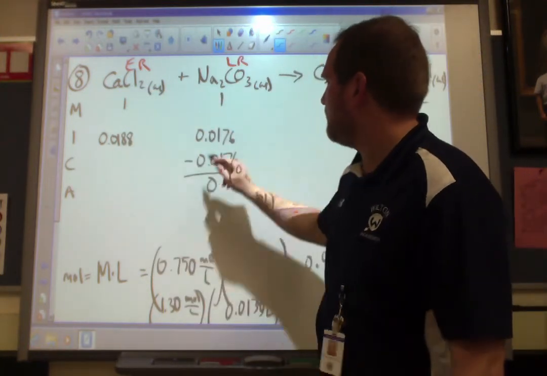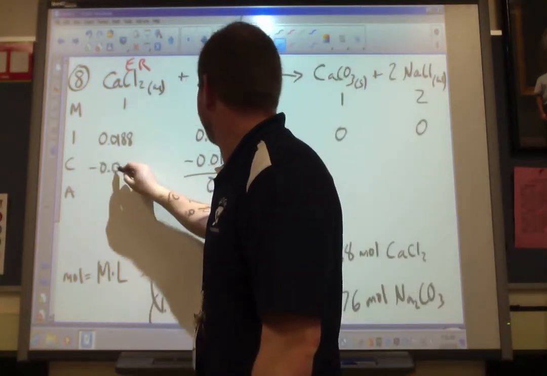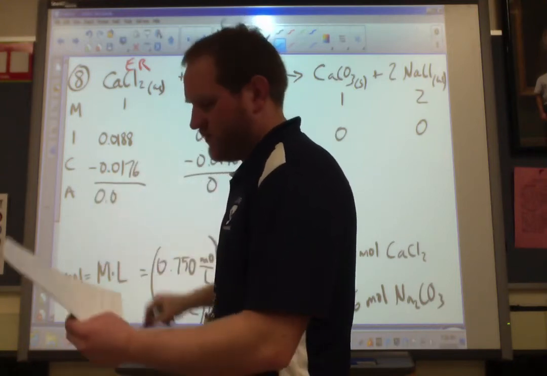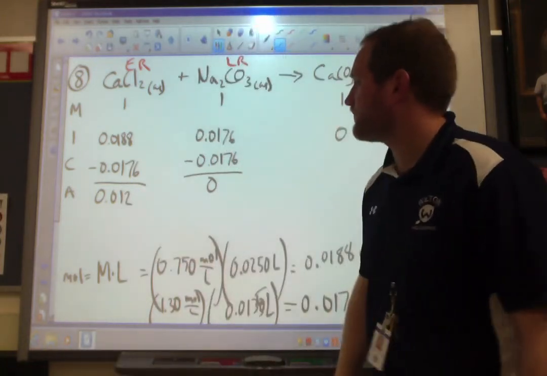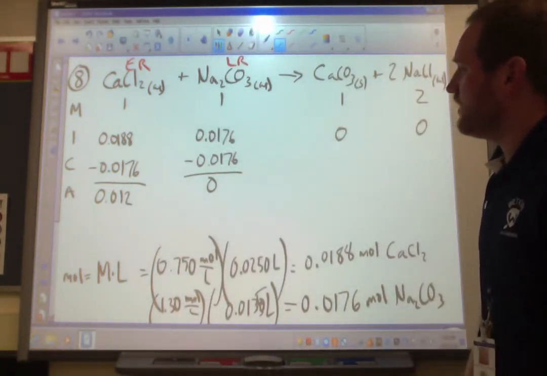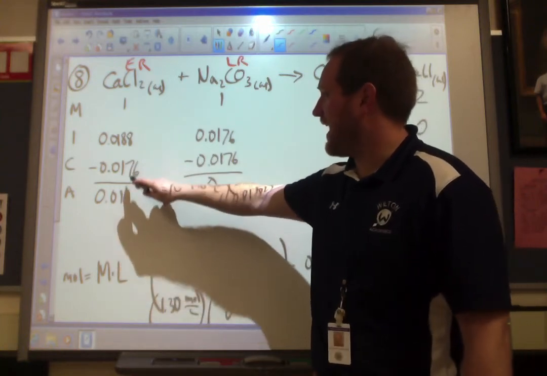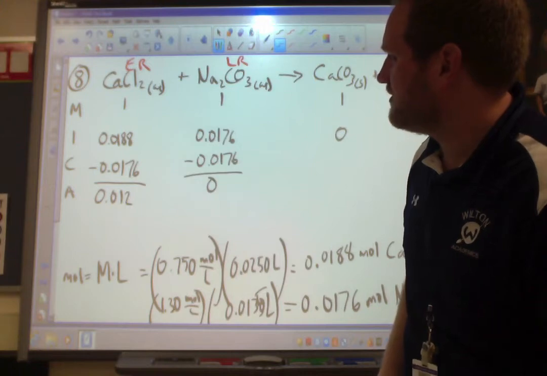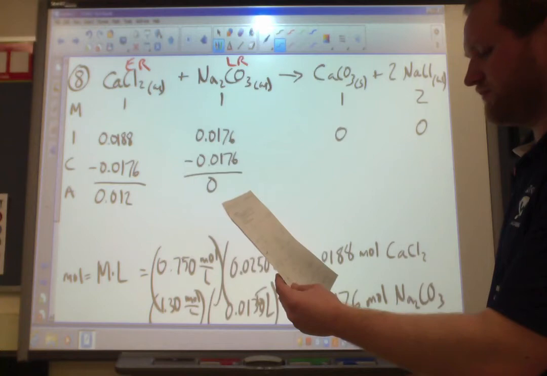It's not the full amount, but look, it's a 1-to-1 ratio, so we can just subtract the same amount, leaving me with 0.012 moles. Note you're not going to keep your third sig fig here, because when we subtract, do we keep that sig fig? Nope, we do it just like this, the 2 sig figs.